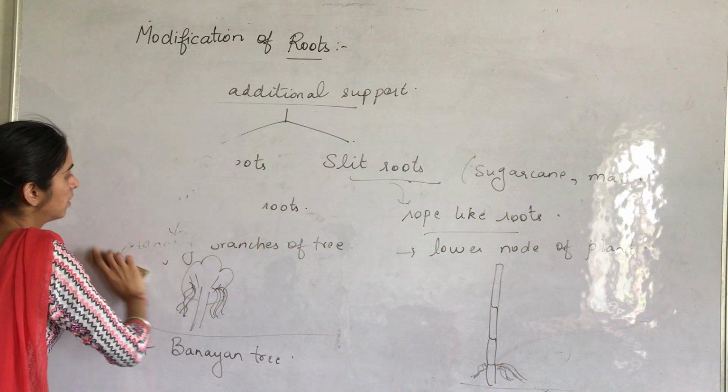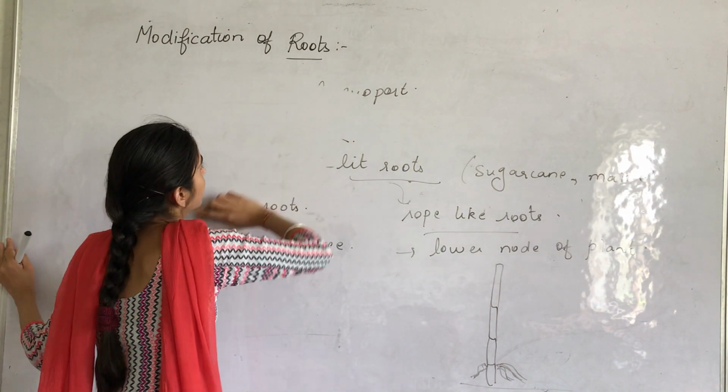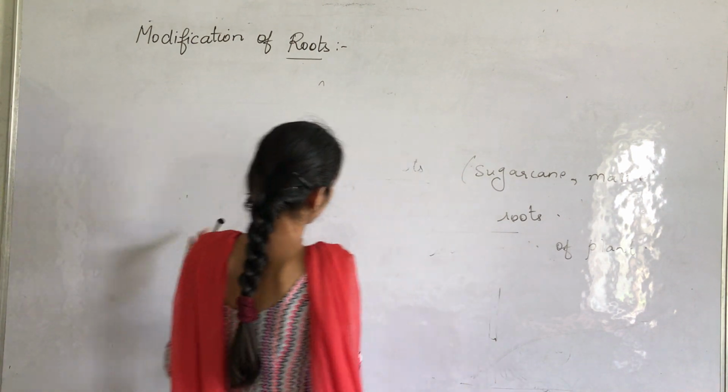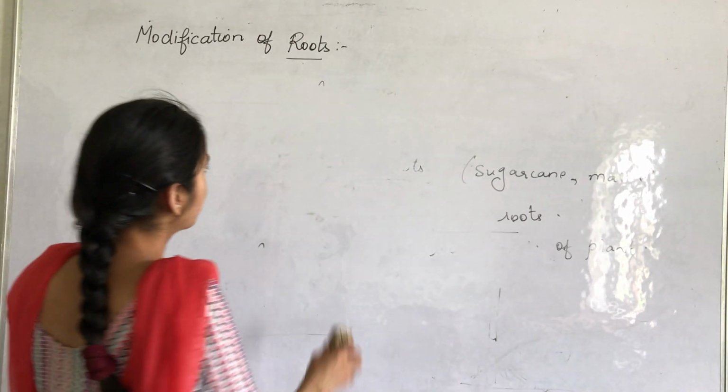After this, the next modification of the root is roots for respiration.